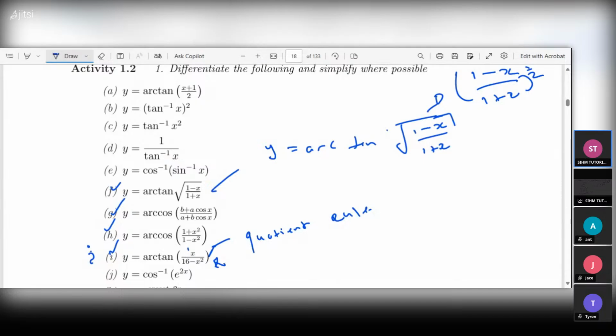All divided by x squared. Now we can try to simplify. As you know, negative 2x times x gives you negative 2x squared, and then you're going to have negative 16 plus x squared in that manner.